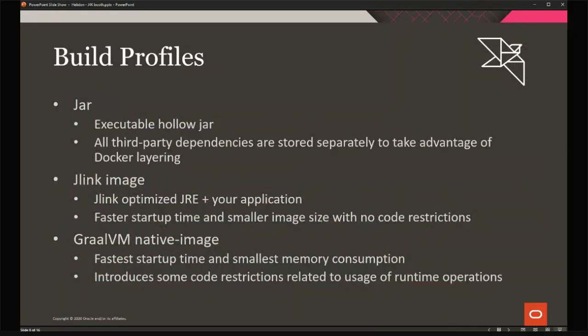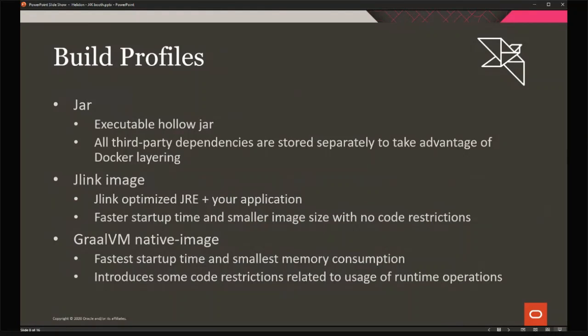In both Helidons, we support 3 build profiles. You can build an executable jar file. It's supported from day one. It's what's called a hollow jar. It means that it contains only application business logic, and all third-party dependencies are collected in a separate directory.